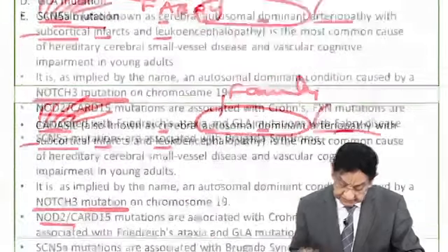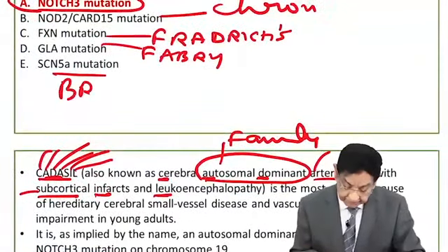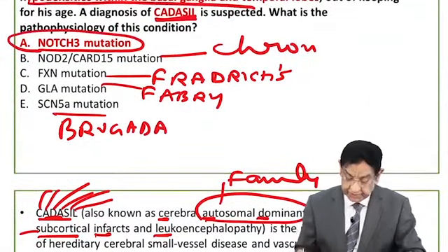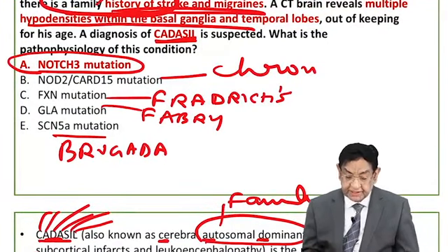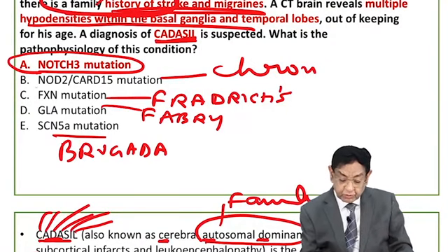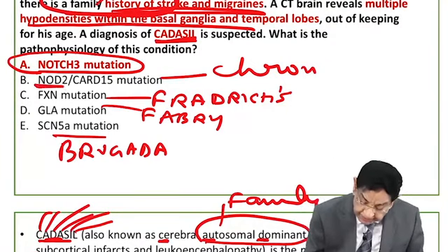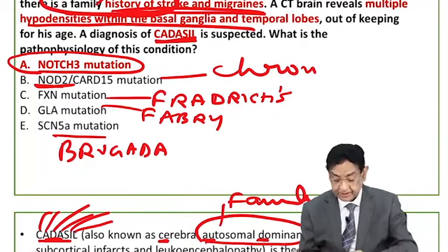And SCN5A is seen in Brugada syndrome. So this is the summary. Notch 3 is for CADASIL, NOD2 is for Crohn's, FXN for Friedreich's, GLA for Fabry's, and SCN5A for Brugada.